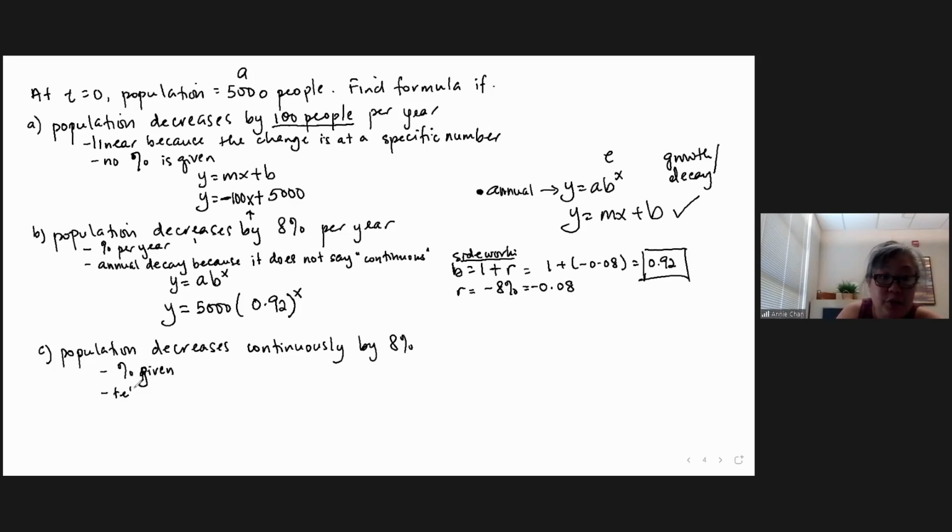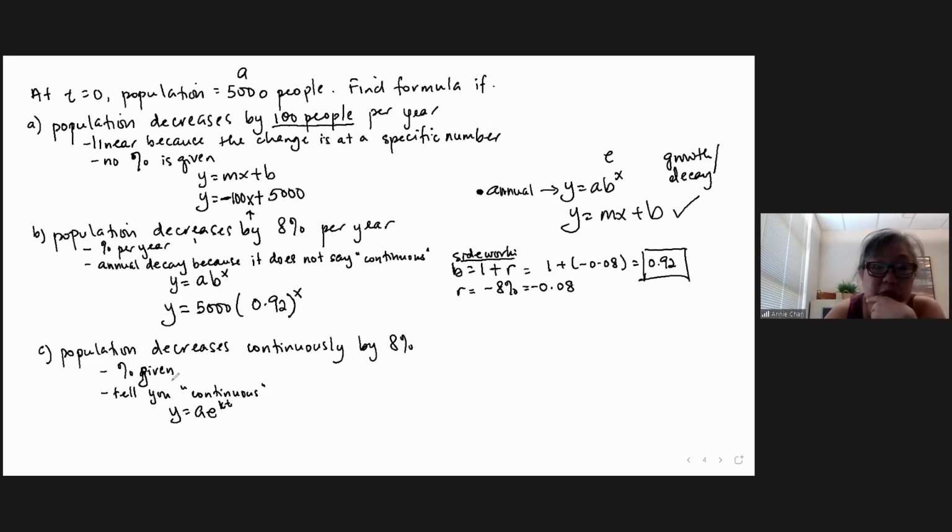And they tell you continuous. So it's like, ta-da, continuous. There's no guessing, right? So if they don't tell you continuous, it is annual. If they tell you continuous, it is continuous. So this one is going to be y equals to A e to the kt.